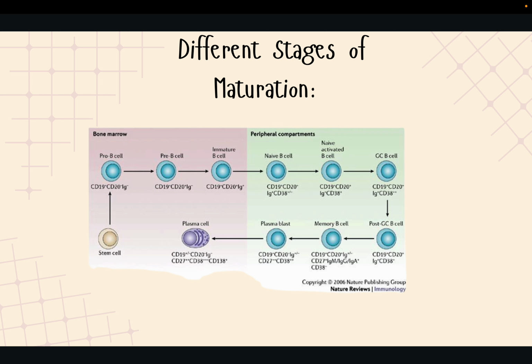If a T cell fails to bind to an MHC, it undergoes apoptosis. Negative selection eliminates T cells that bind too strongly to self-antigens, preventing autoimmunity. This ensures that the immune system can recognize pathogens while avoiding attacks on the body's tissues. Together, these processes create a functional and self-tolerant T cell population.